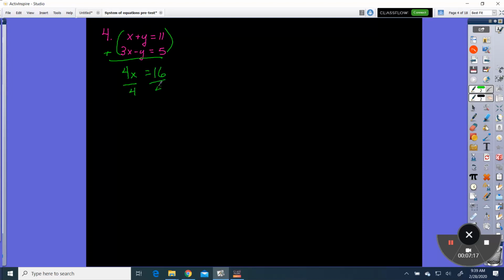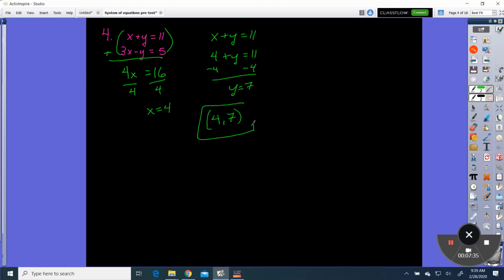So now I divide it by 4. x equals 4. So now I know that x plus y equals 11. So I'm going to replace this x with 4, kind of like what we did with substitution. Now I minus the 4, and y equals 7. So x equals 4, y equals 7. And you could do it that way as well.